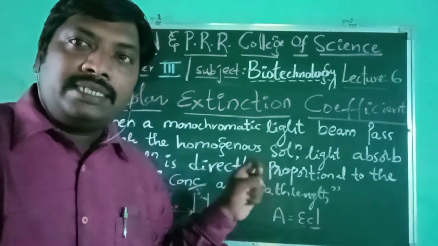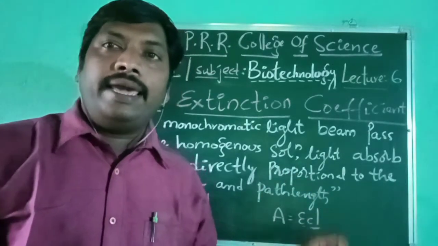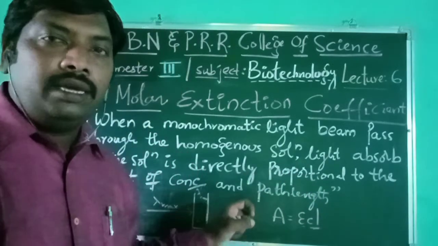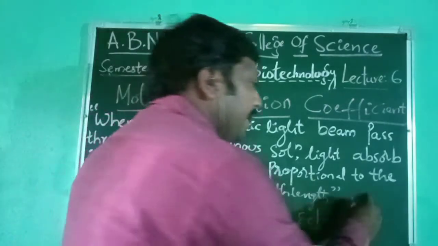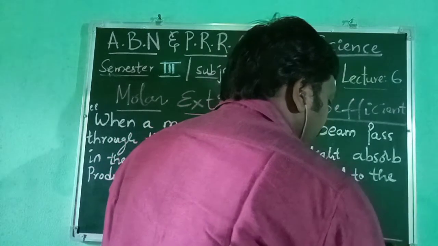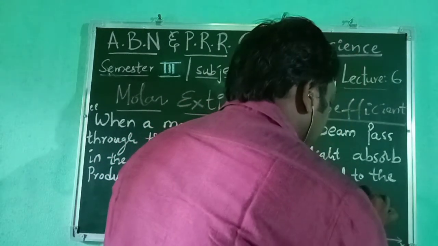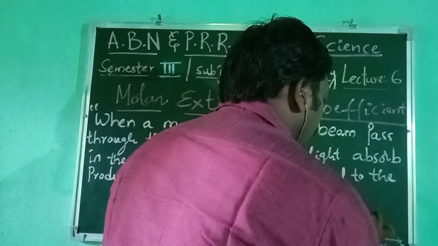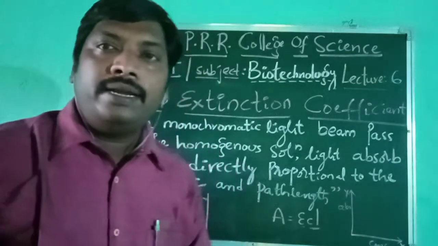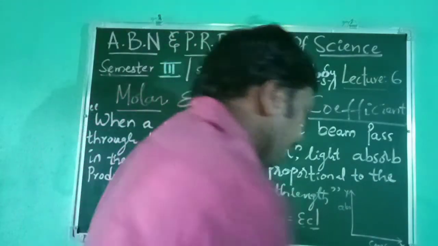The extinction coefficient or attenuation coefficient explains the relationship shown in the graphical representation of concentration on the x-axis versus absorbance on the y-axis, the optical density measured in nanometers.